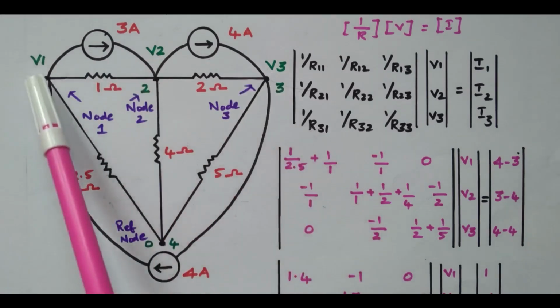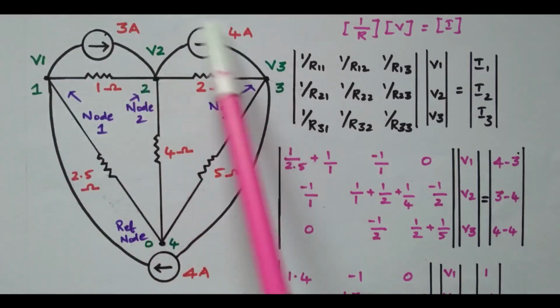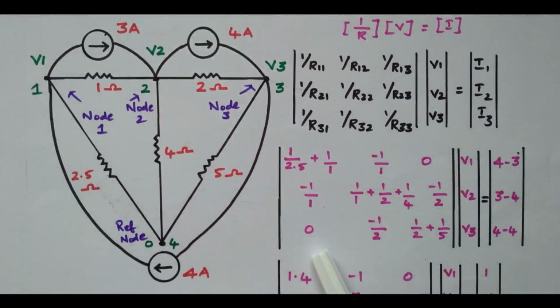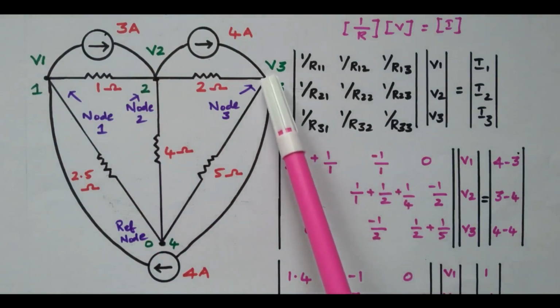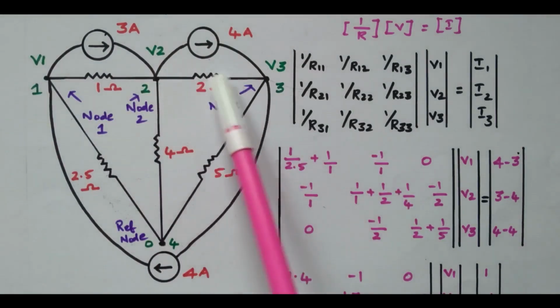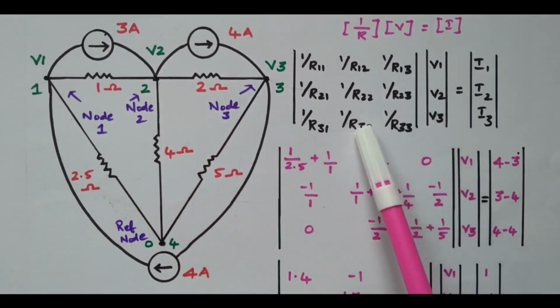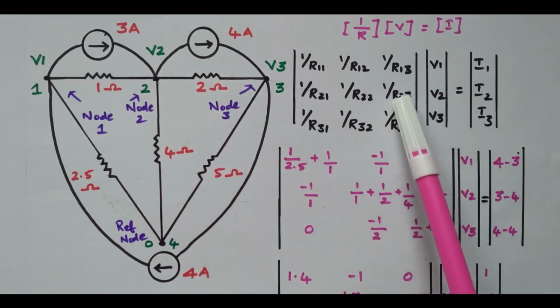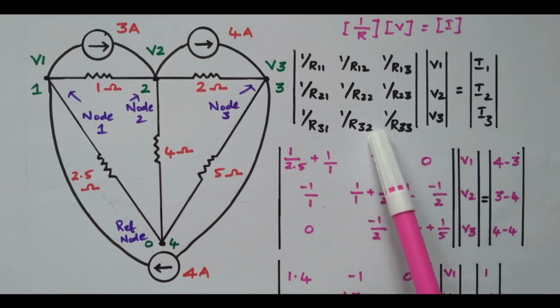No resistors are available, so it is 0. R32, same thing, connected between the third node and the second node. This 2 ohm. So R23 and R32 are the same. So minus 1 by 2.